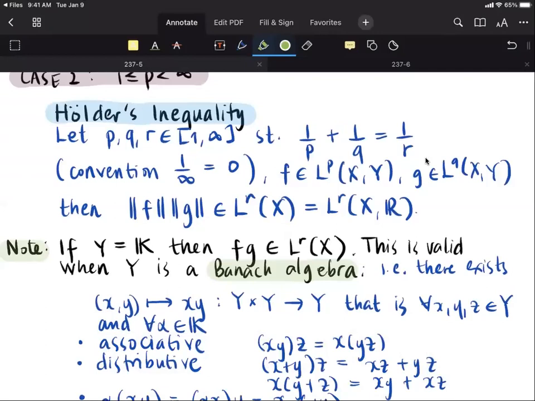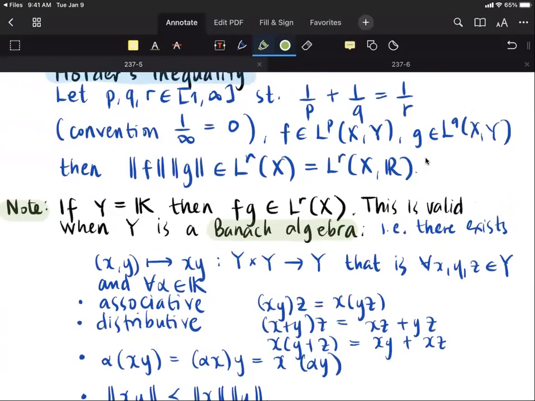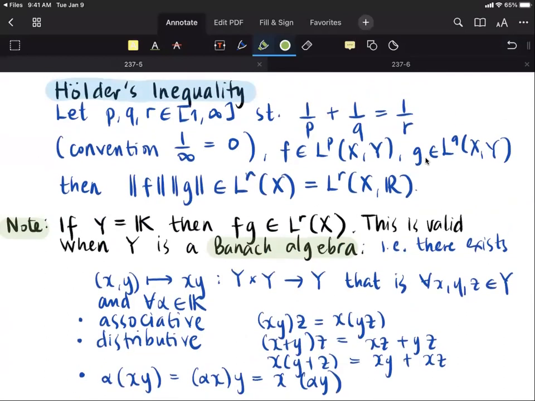However, in general, for a general Banach space Y, if you do not have a notion of multiplication, one can only postulate the product of the norms. Okay, because in this case, the norms will now be real numbers, hence the product in this part here is well defined. Okay, so that's Holder's inequality.